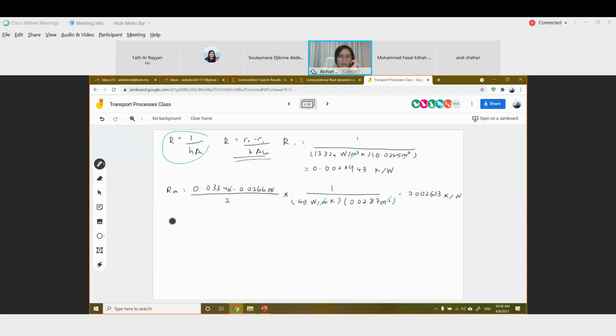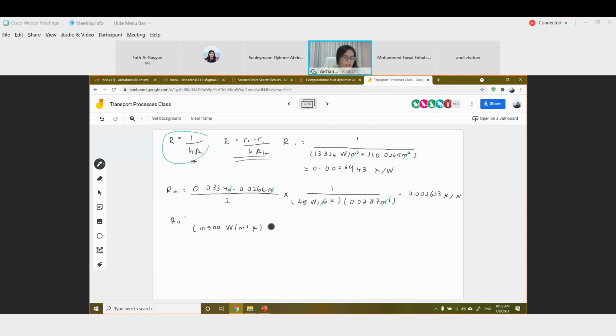Finally we calculate the outside resistance, using the same formula. The outside ho, if I recall correctly, has already been given as 10,500 watt per meter squared K. Okay, that's correct.